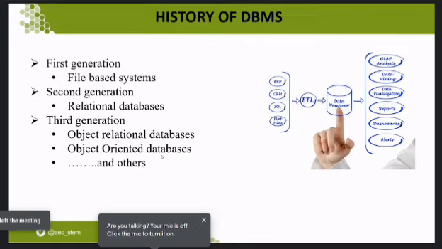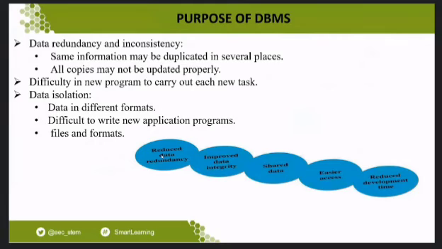It was developed based on the hierarchical database model. Next slide. Purpose of DBMS. The purpose of DBMS is to transform data into information, information into knowledge, and knowledge into action. This typical file processing system is supported by a conventional operating system.